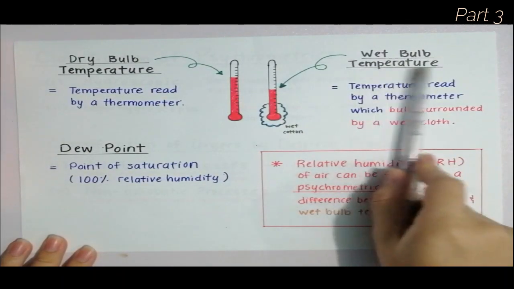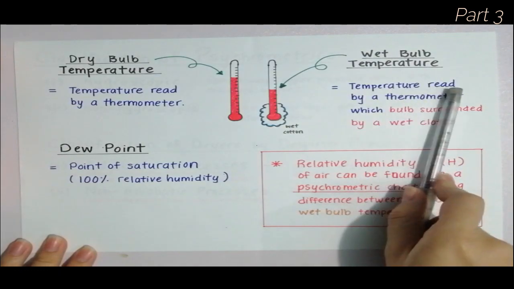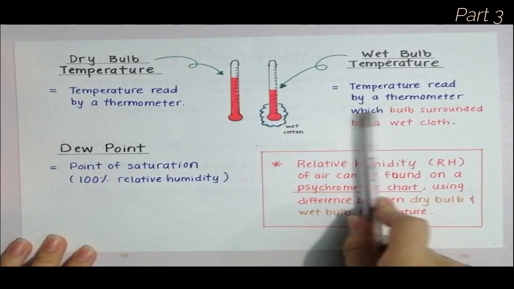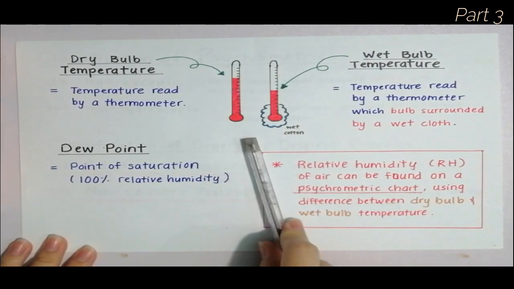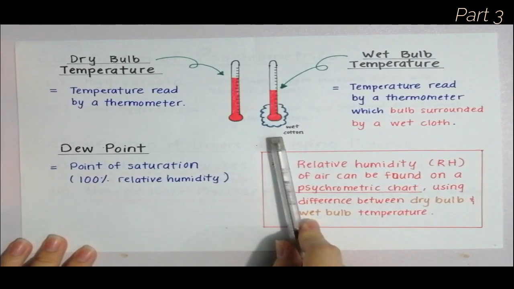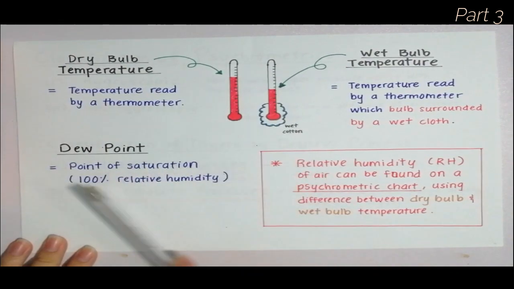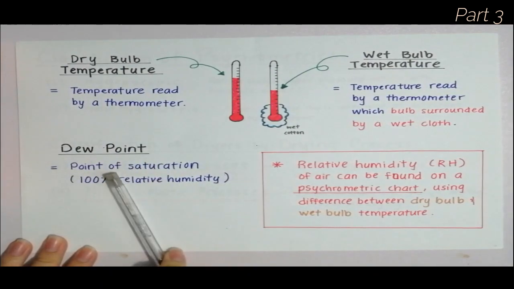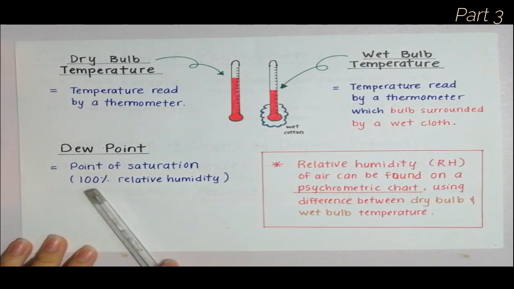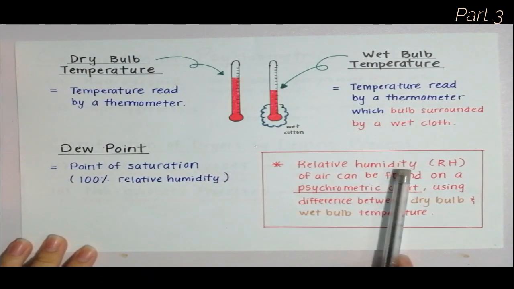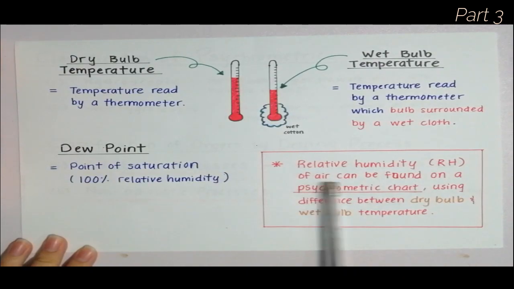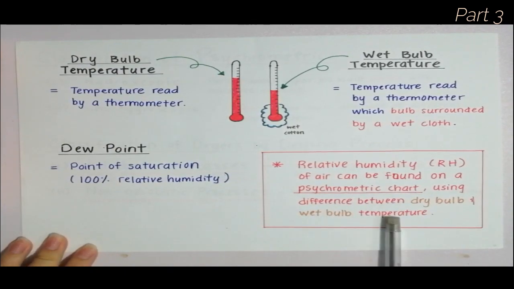Wet bulb temperature is read by a thermometer whose bulb is surrounded by a wet cloth, like in this diagram, surrounded by the wet cotton. The dew point is the point of saturation, which means it is 100% relative humidity. The relative humidity, RH, of air can be found on a psychrometric chart using the difference between dry bulb and wet bulb temperature.